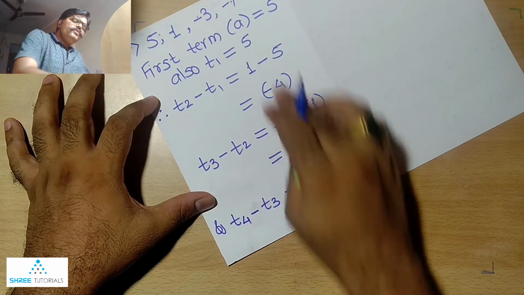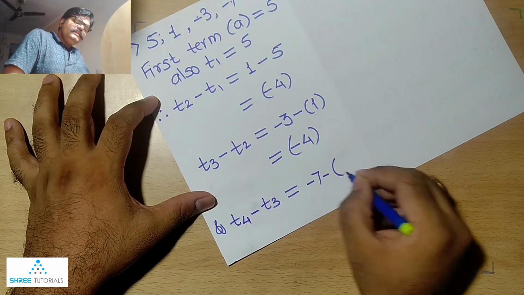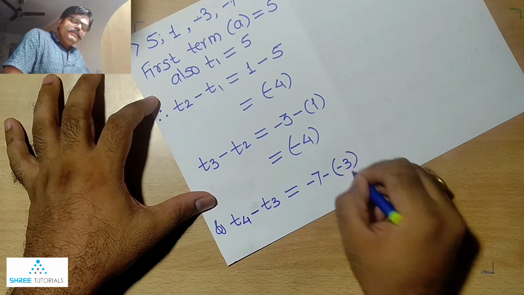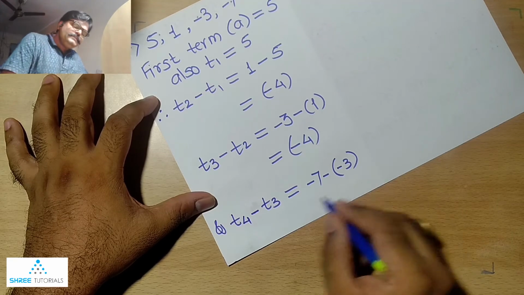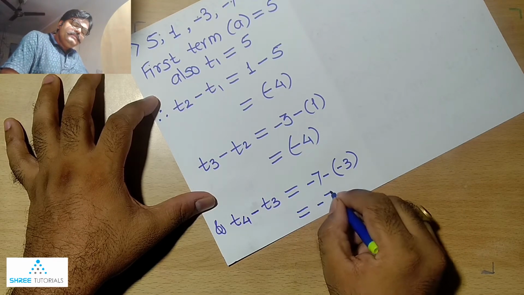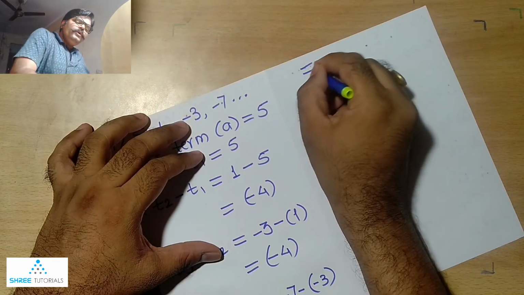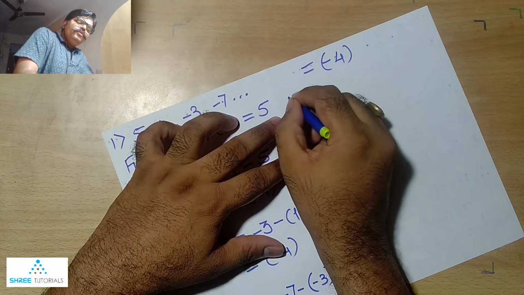T4 is minus 7, whereas T3's value is minus 3. These two minuses are going to cancel each other and we are going to have plus. Therefore, minus 7 plus 3, as a result we are going to have minus 4 itself.